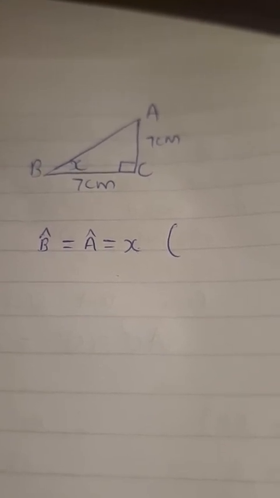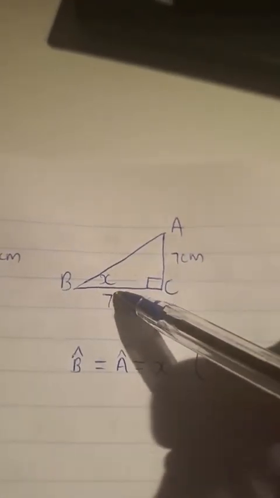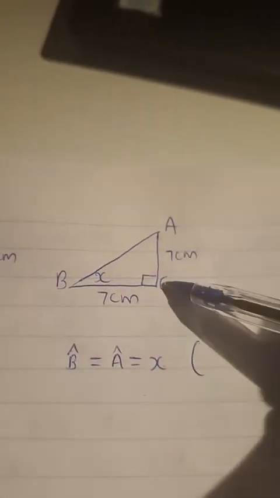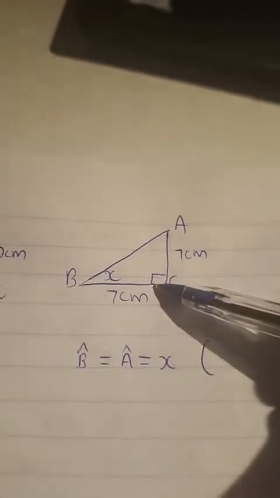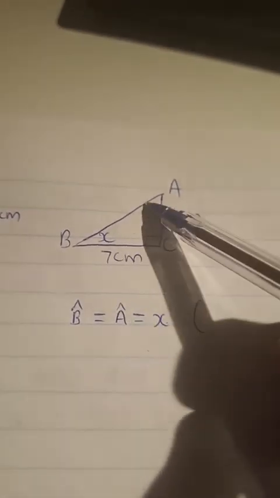Why is angle A equal to angle B equal to the variable x? Given that this triangle has AC, which is 7 centimeters, and BC being 7 centimeters, why can I then say this angle is equal to that angle?